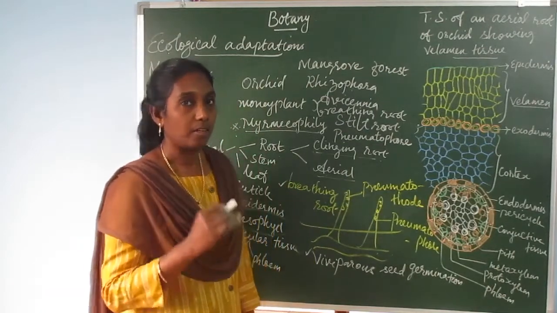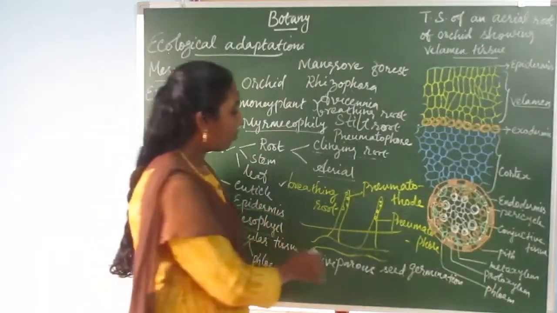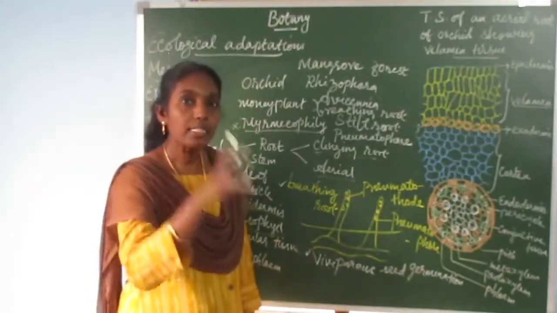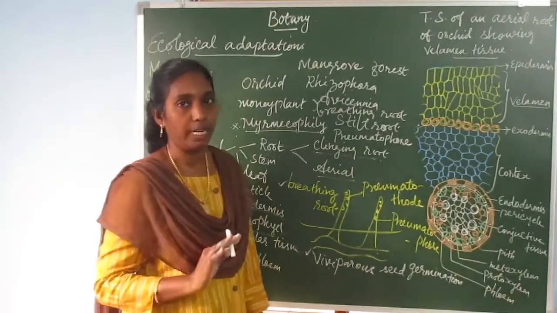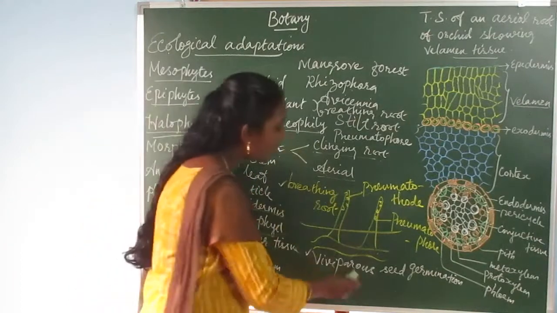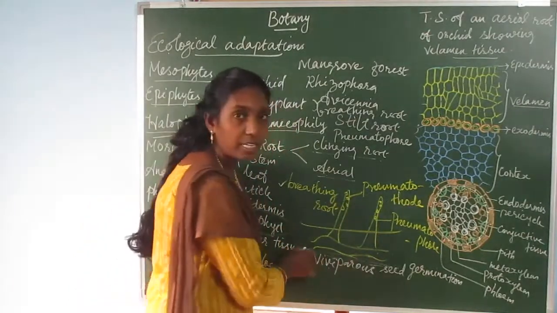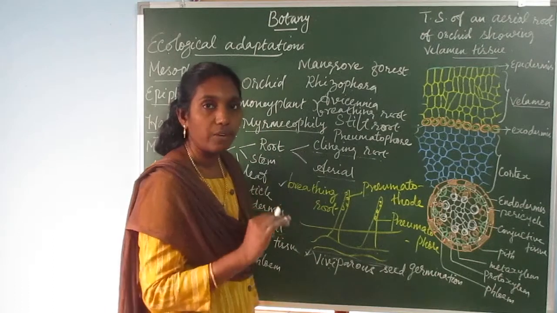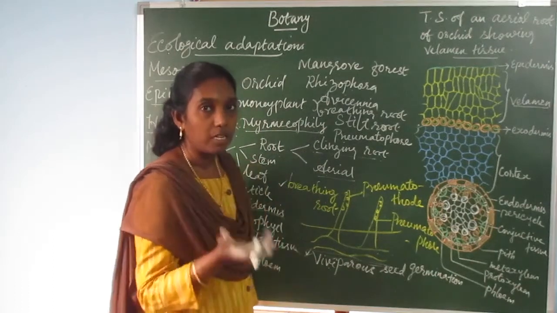In viviparous seed germination, the seed germinates inside the fruit. Because when the seed falls down in the mud, it is salty and aeration is very poor, so the seed may not germinate.